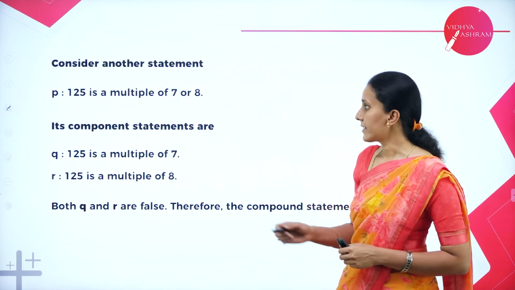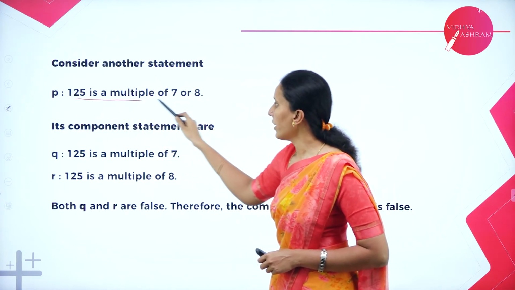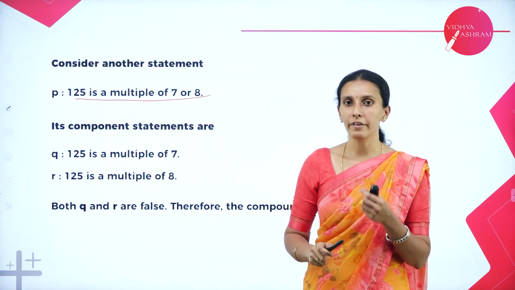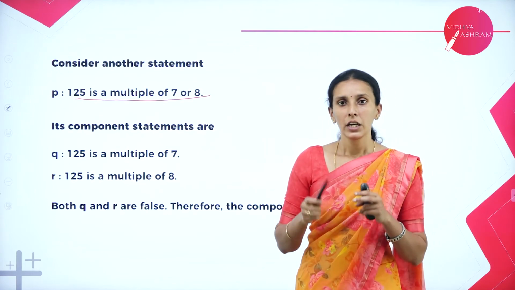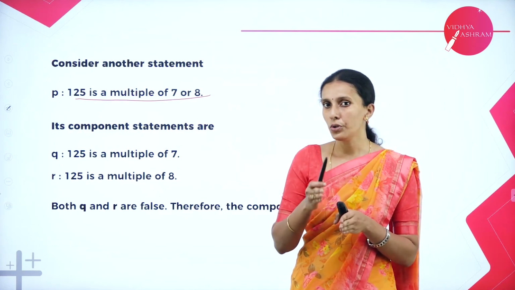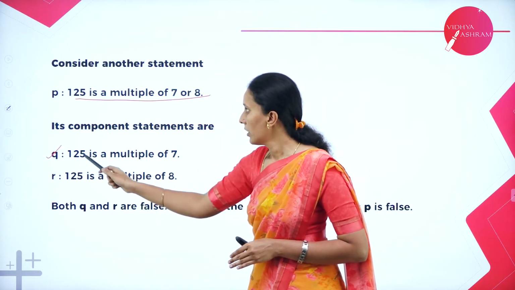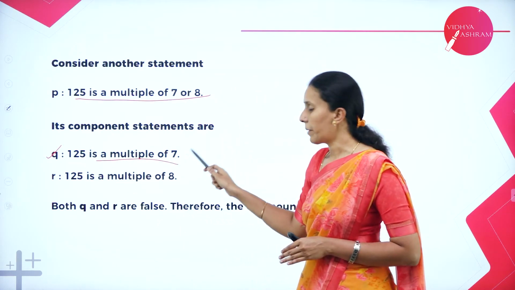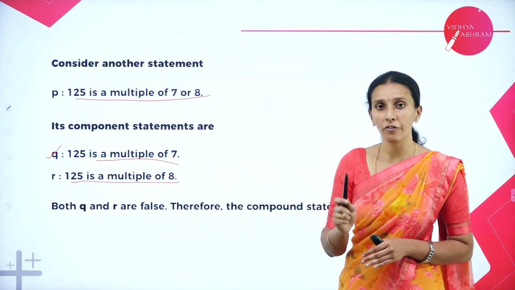So let us take an example now. Consider another statement. We have taken: 125 is a multiple of 7 or 8. If P is the statement we have taken, it has to be divided into two simple statements. The first statement, I'll take it as Q: 125 is a multiple of 7. The second statement, R: 125 is a multiple of 8.